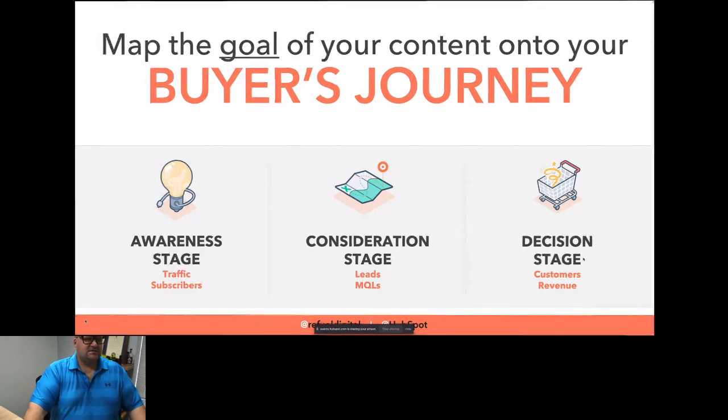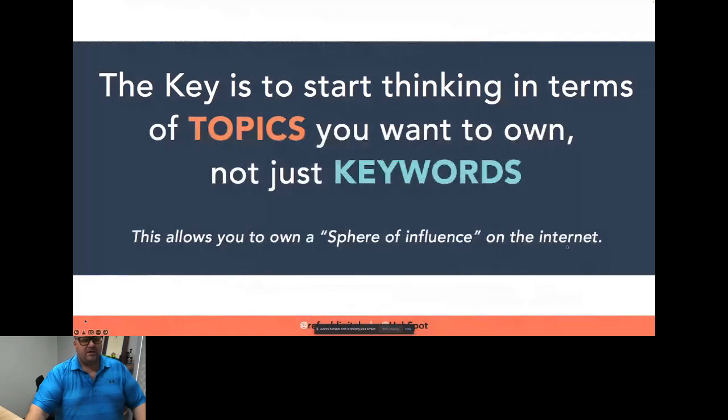So the key here is to start thinking in terms of topics that you want to own, not just keywords. And that allows you to own a sphere of influence on the internet. And I don't know about you, but when I first heard about this concept, being an SEO guy most of my life, I kind of dismissed it a bit.